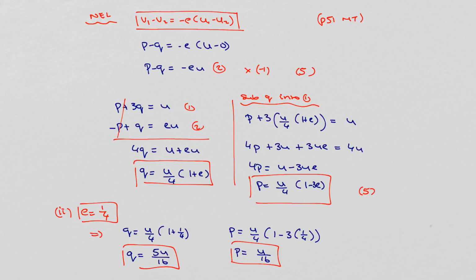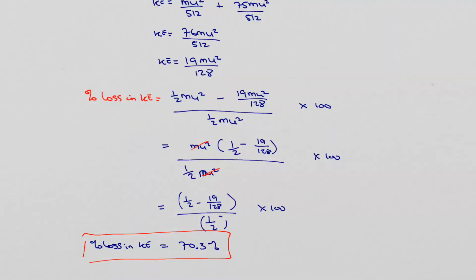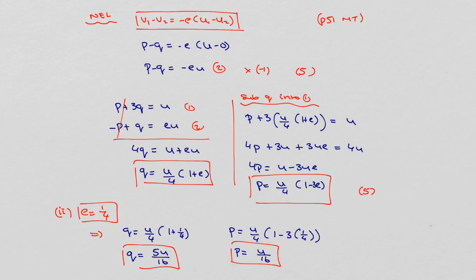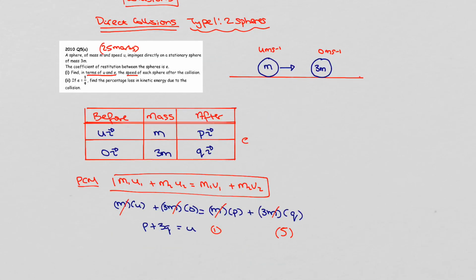We then had to get our kinetic energy loss. Our loss at the end was 5 marks, and for getting the kinetic energy before and after, we were getting 5 marks. So that was 5, 10 for the second part, and then 15 for the first part.